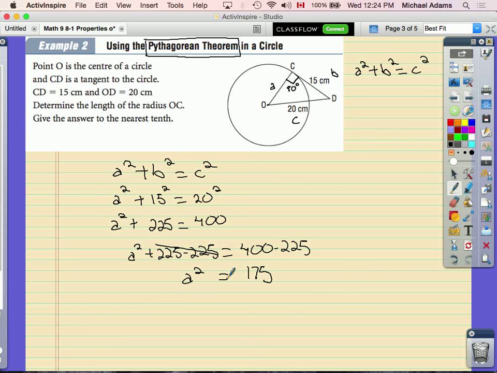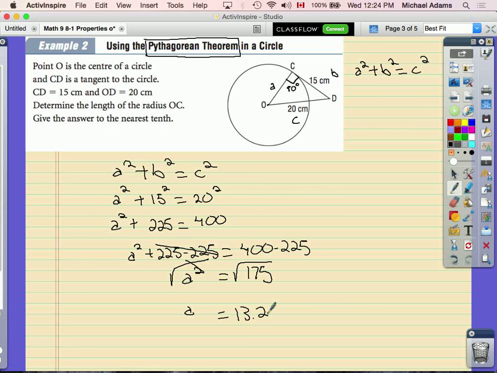But I can't leave it as a squared. I have to get it to just simply a. So I'm going to take the square root of both sides. If I do it to one side, I do it to the other. The square root of a squared is just simply a. Those two cancel out. And a then is equal to, if I do this on my calculator, 13.2. So what does that mean?